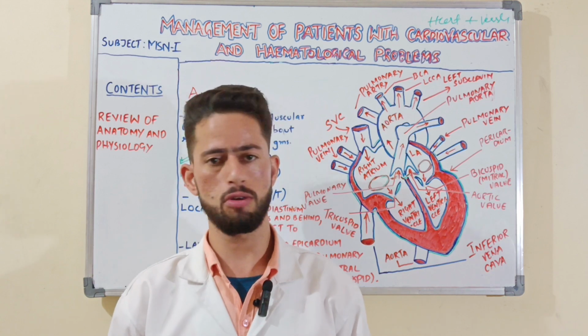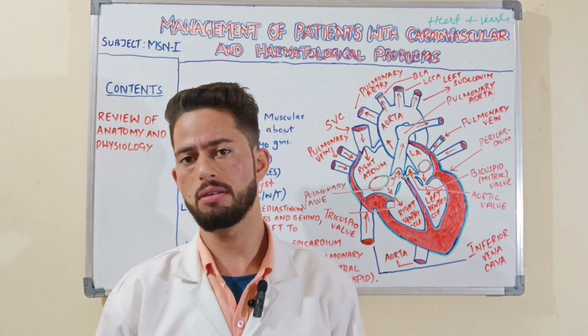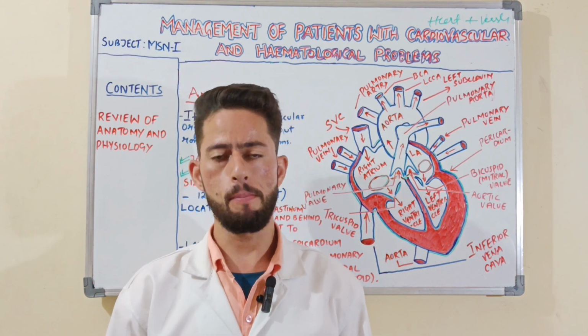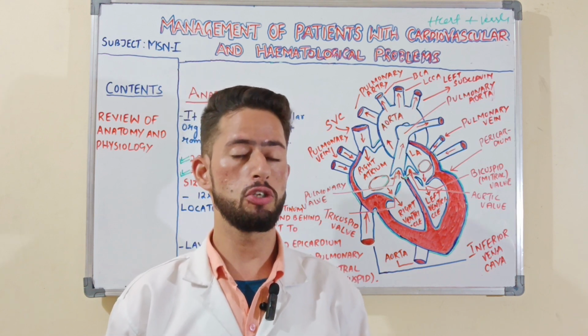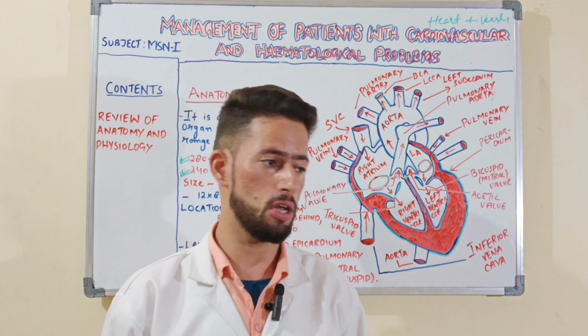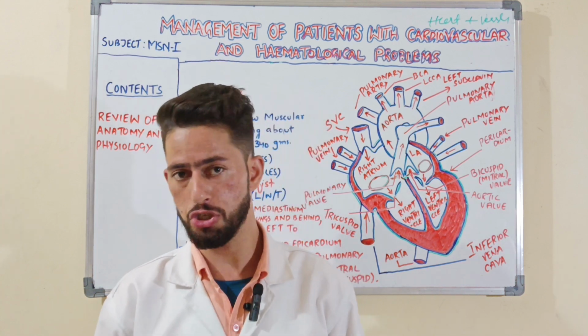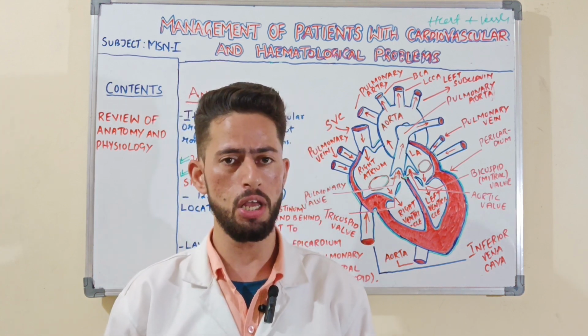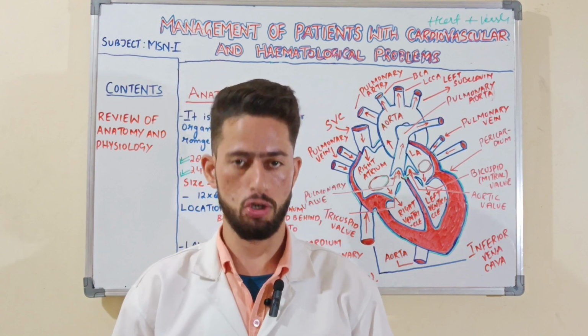The next one is the systemic circulation, when the blood is pumped by the heart and supplied all over the body in order to maintain homeostasis, or the metabolic needs of the body. That is known as systemic circulation.